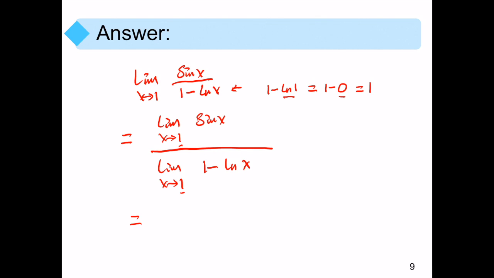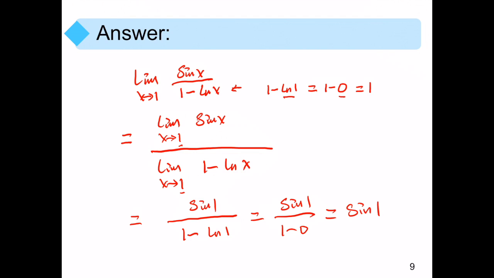So the numerator will be sine 1, and the denominator will be 1 minus ln 1. That gives you sine 1 over 1 minus 0, which equals sine 1. This will be our final answer.